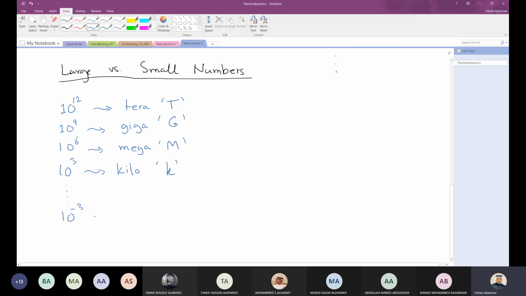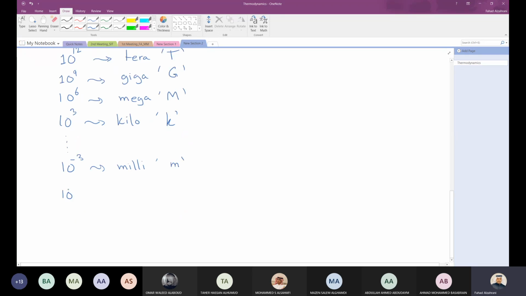Let's say 10 to minus 3. This is what we call milli. Exactly. It also has the letter M. You have 10 to minus 6, which is what we call micro, which is U.